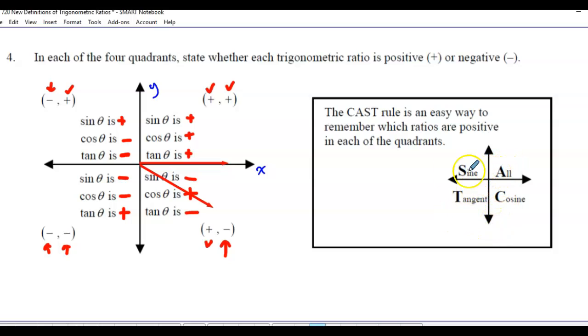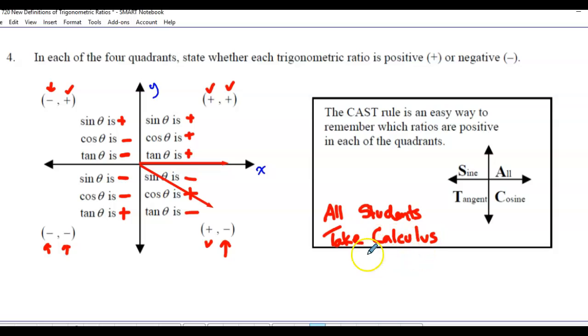Now some textbooks use the CAST rule, starting with cosine in the bottom right quadrant, quadrant 4. I like to think about it as All Students Take Calculus. And I know that they don't, okay?